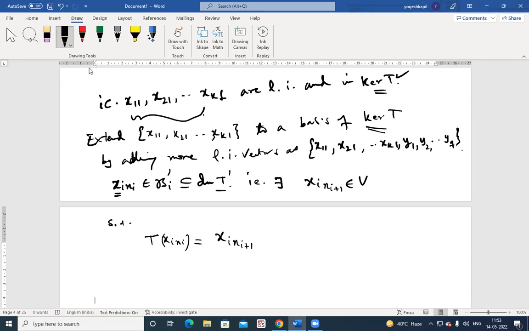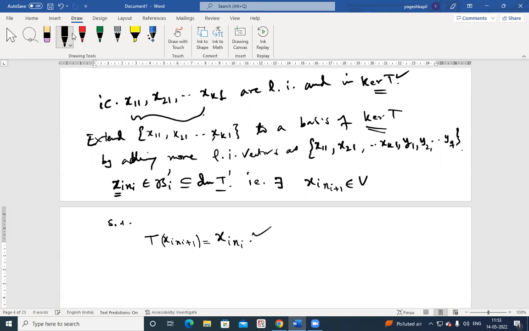Because this is in the image, there exists a vector in V such that when T dash is applied on that, it gives me xi ni.